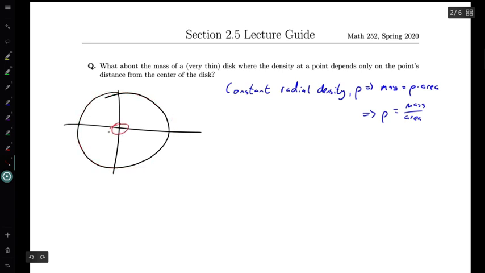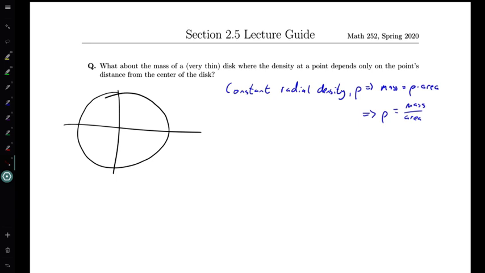Or maybe you're not dense at the center of the disk, but somewhere in between you're very dense, and then way out at the edges, you're not dense again. We want to be able to analyze the mass of something like this if we only know this radial mass density function.